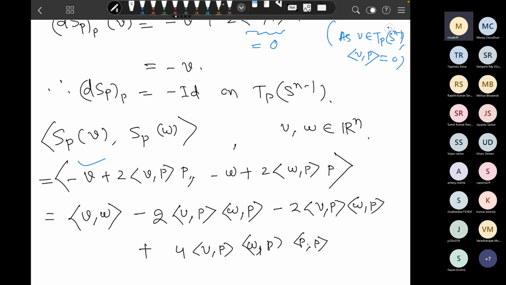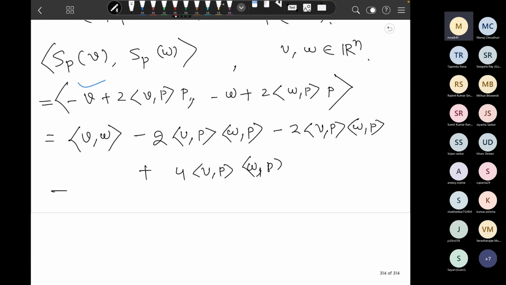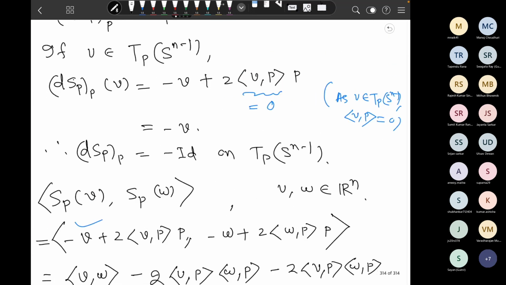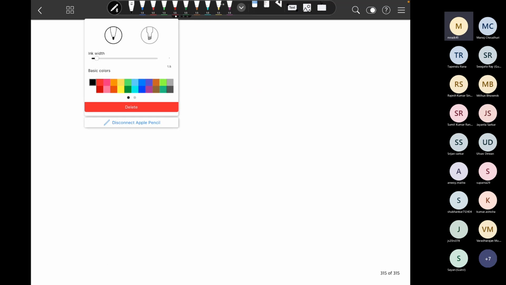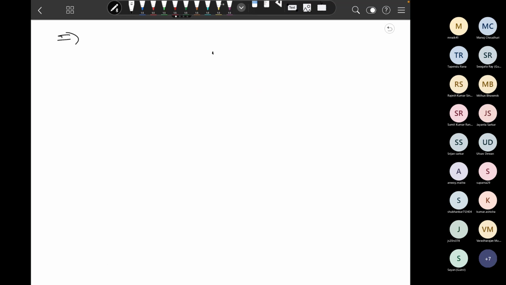This is real, because <p,p> is 1, so this is <v,w>. So this implies S_P belongs to O(n).